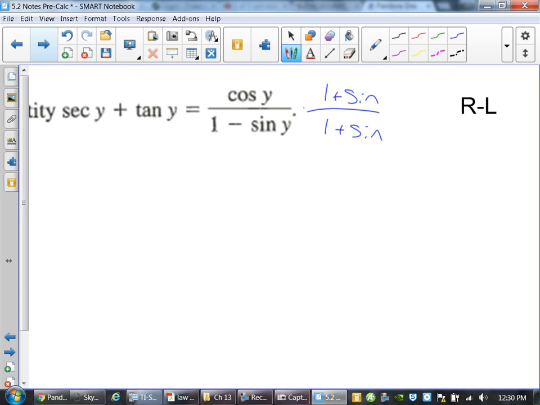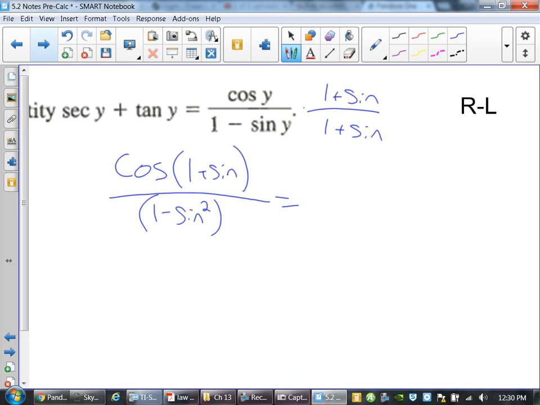I'm going to get cosine times 1 plus sine all over 1 minus sine squared. Are we okay with that? Now this then becomes cosine times 1 plus sine over what? Square.